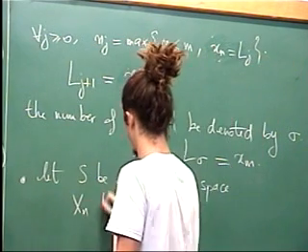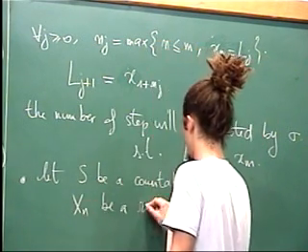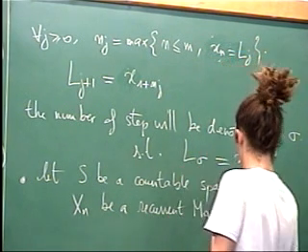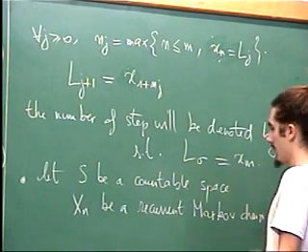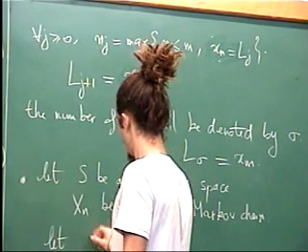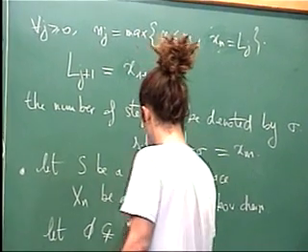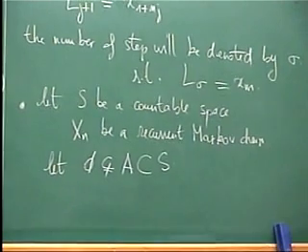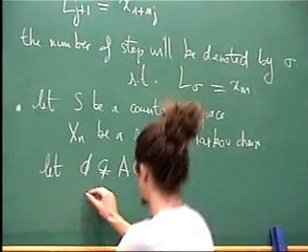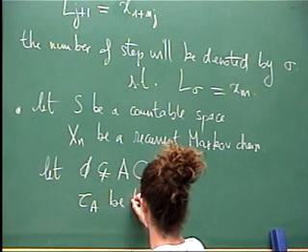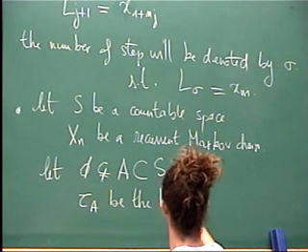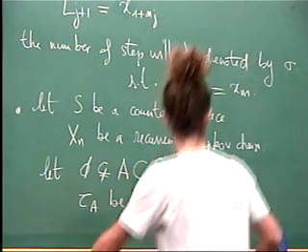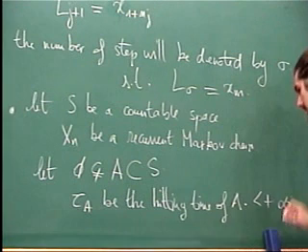Let Xn be a recurrent Markov chain over S. And we're going to take a non-empty subset A of S. So let also tau A be the hitting time of A, which is almost surely finite because we have something recurrent.